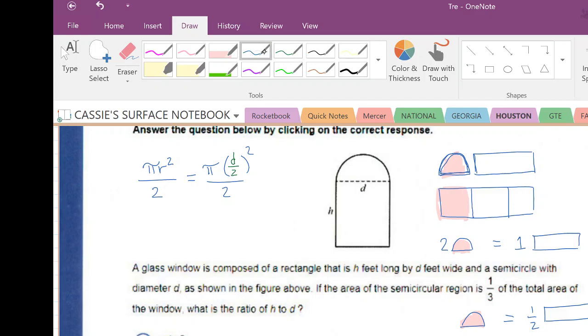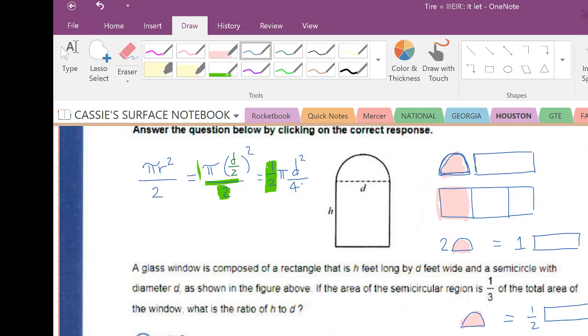Now this is some pretty complicated fractions, but here's the thing. Anytime I've got pi over 2, I can pull that 1/2 out to the front. There's an imaginary 1 right here, and I'm going to pull the half forward. It's the same exact thing, but it gets it out of the way temporarily so that I don't have to deal with a fraction within a fraction right now. So then I do diameter squared and 2 squared, which is 4.